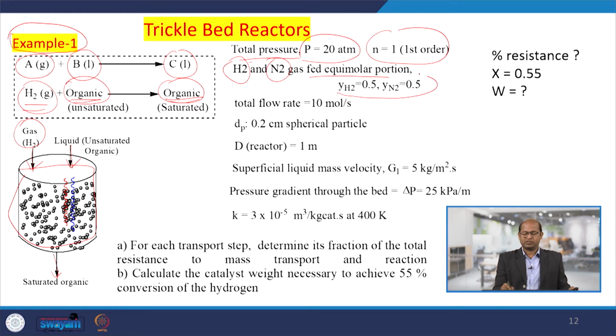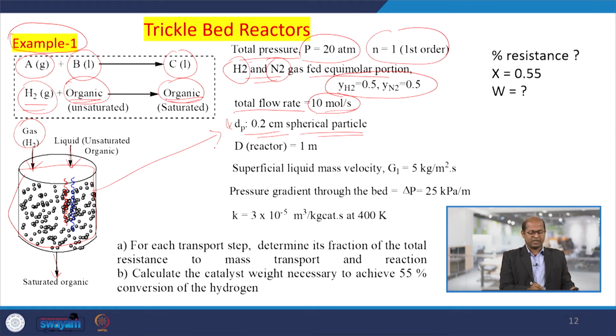Here the mole fractions of hydrogen and nitrogen are given as 0.5 and 0.5. Okay. And the total molar flow rate of the gaseous component is 10 mole per second. That is given. Here dP is the diameter of the particles; we have taken spherical catalyst particles, so dP equals 0.2 centimeter.